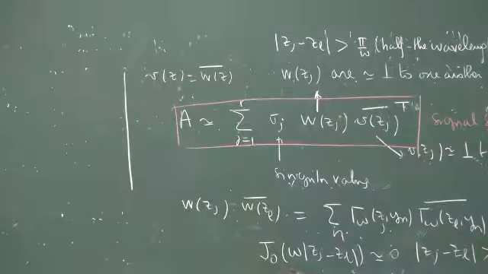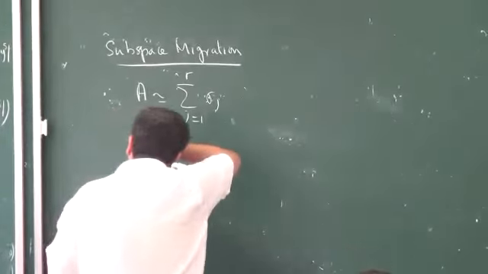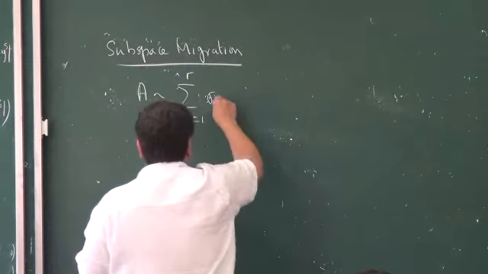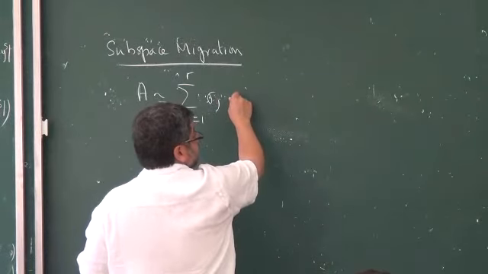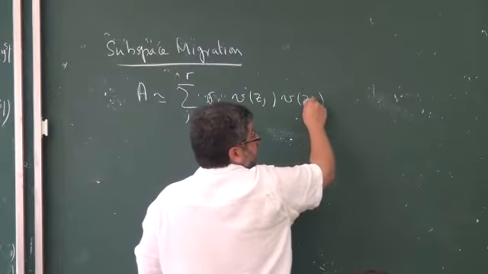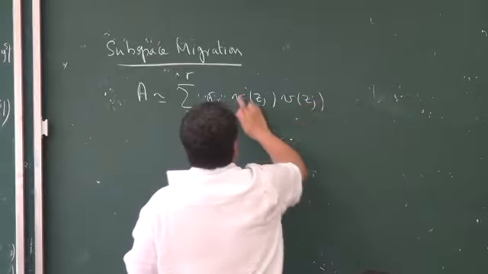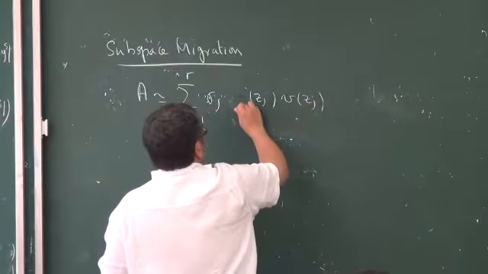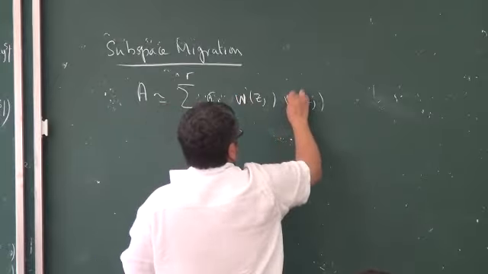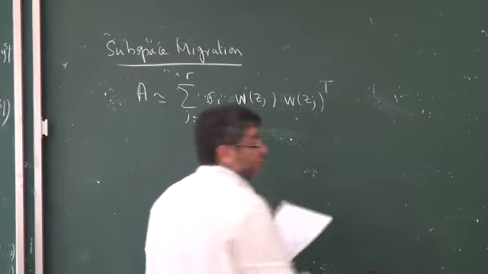So A, just to simplify, is approximately the sum over j from 1 to R, R is the number of reflectors, of sigma j, W and W_j transpose.